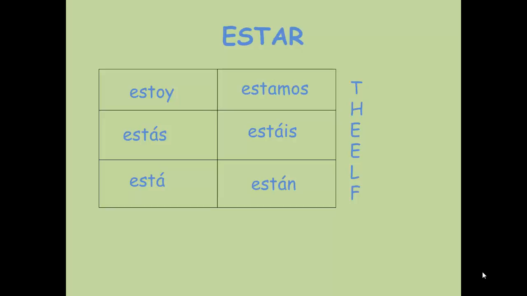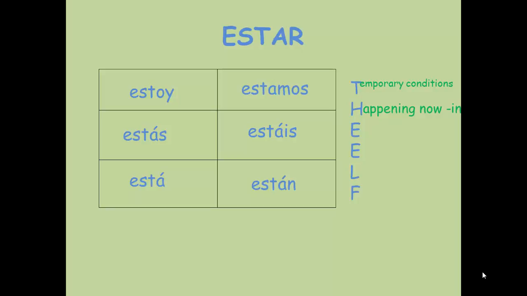Okay, and the reasons for using estar correspond to the acronym the ELF, right? The T in this case stands for temporary conditions. It's for example, talking about the weather or something like that. That's usually estar if it's not hace. Happening now, the ing, right? She is reading.